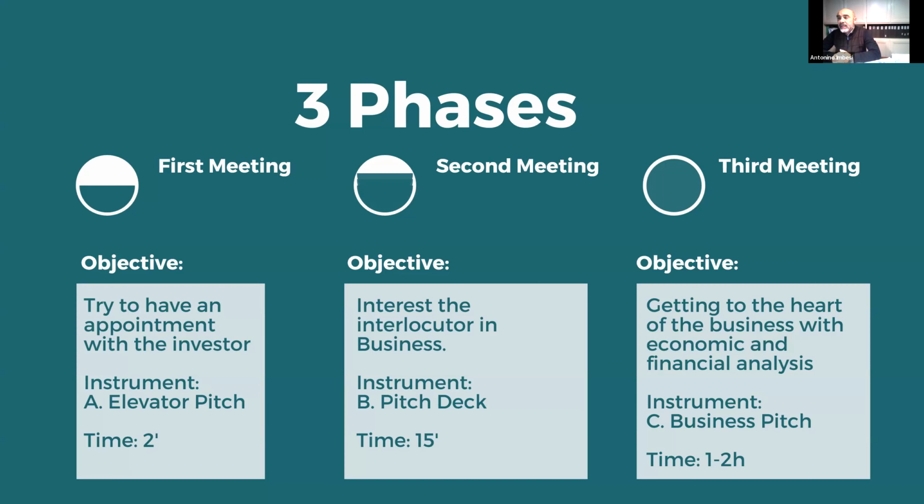In the second meeting, you already have the interest of the investor, but you have to clarify in a short time the advantages for him: the advantage of creating a new company, of realizing a new business, of having this new business or new service done by you and not by others, and so on. The instrument that has to be used is the pitch deck.